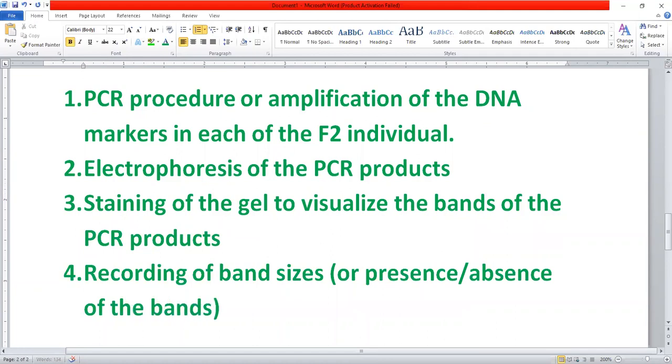So in either form, the data can be recorded either on the basis of the band sizes or the presence or absence of the band. This data will be the genotype data. So this recording of the band sizes will generate the genotype data.